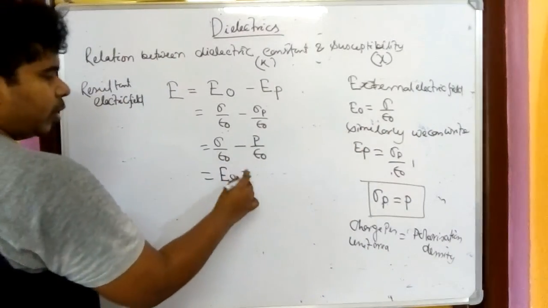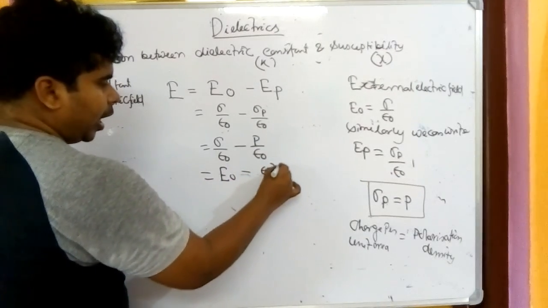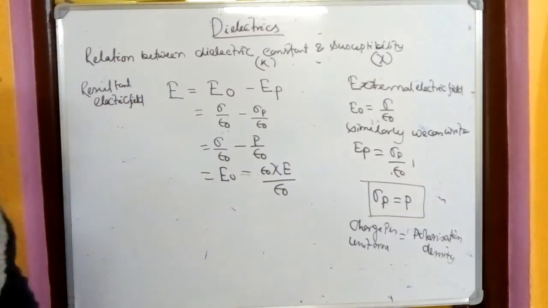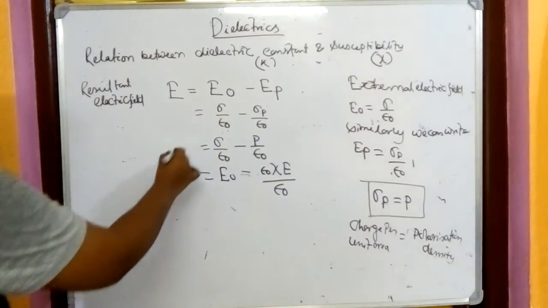So what is the value of P? The value of P equals epsilon naught chi into E, that we have just done in the previous part.